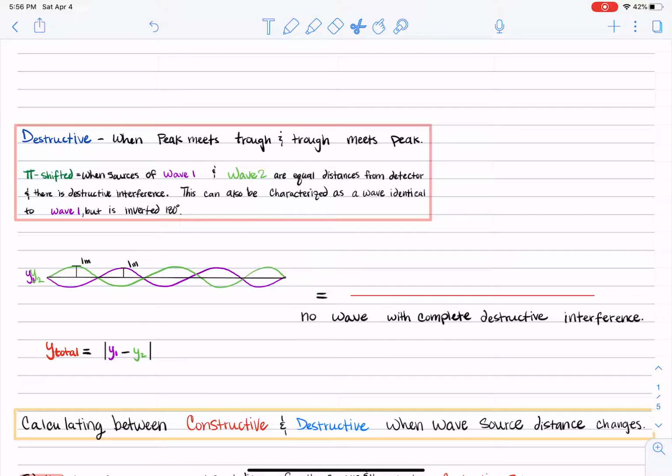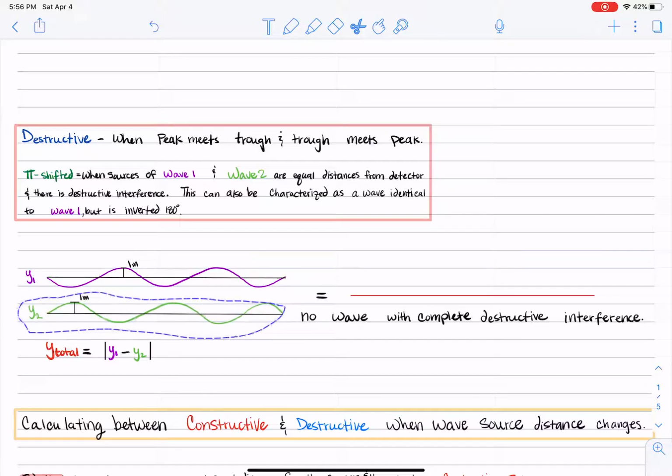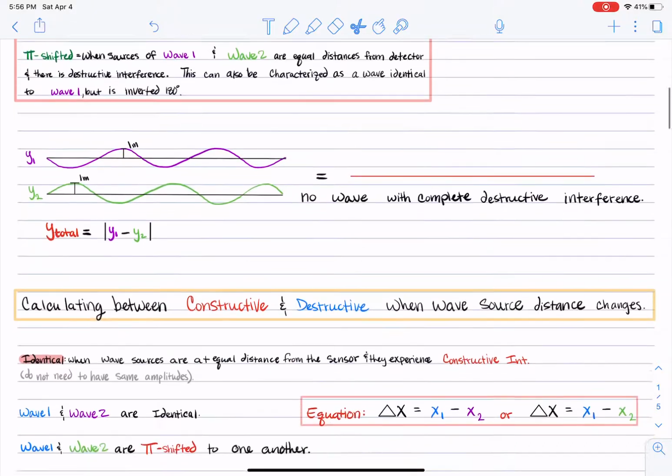And this is known as complete destructive interference. So we'll go over why constructive and destructive interference are important, and an application for both. But for destructive interference, here's an equation: y total equals the absolute value of y1 minus y2, because you're never going to get a negative wave.